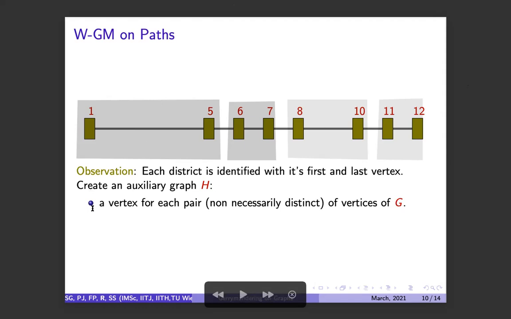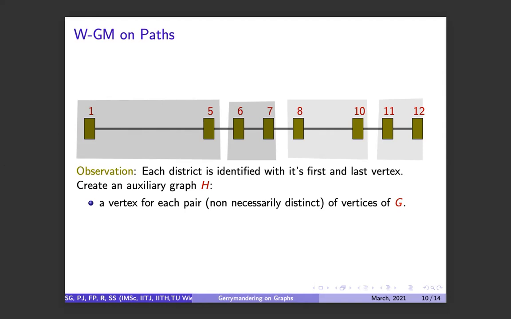So based on this observation, if the given graph is a path, then each district can be identified by the first and the last vertex. Here by first and last I mean in this ordering, right? We create an auxiliary graph H, and the basic idea is that for every pair of vertices, I can form a district.